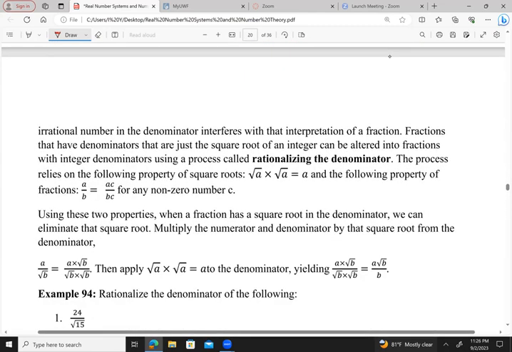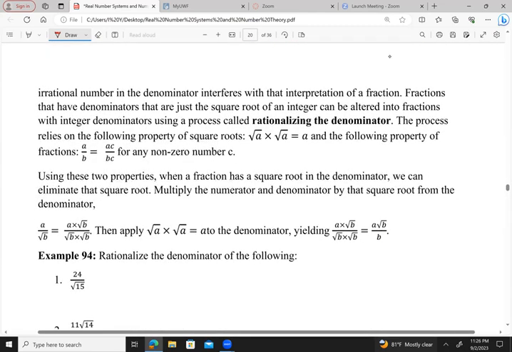An irrational number in the denominator interferes with the interpretation of a fraction. Fractions that have denominators that are just the square root of an integer can be altered into fractions with integer denominators using a process called rationalizing the denominator.